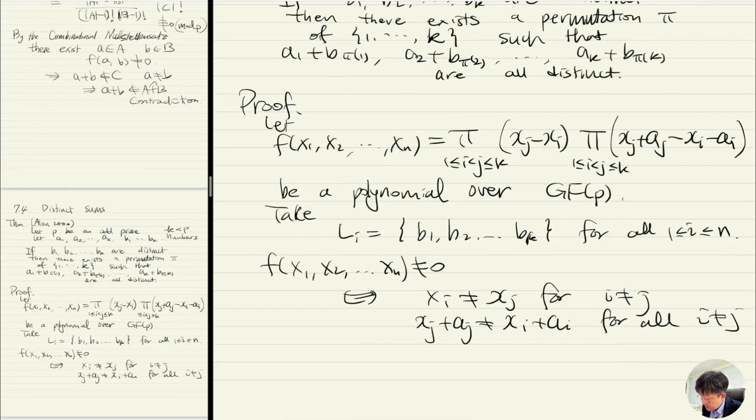So the pairwise sums are different. Since Li is over here, if this is non-zero, then this will become a permutation of these b's, because you have exactly k.